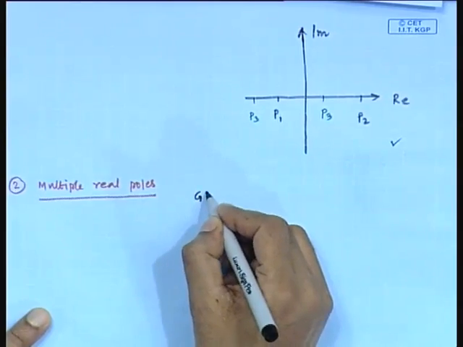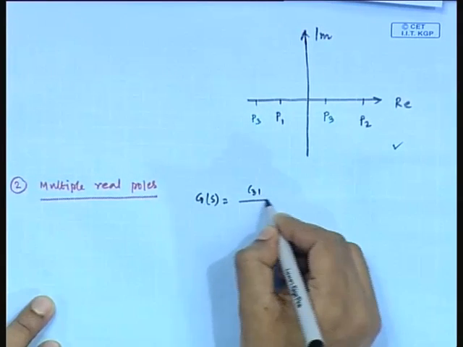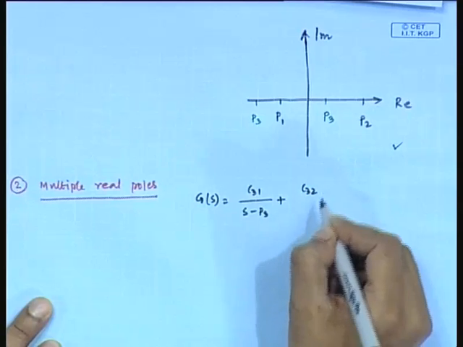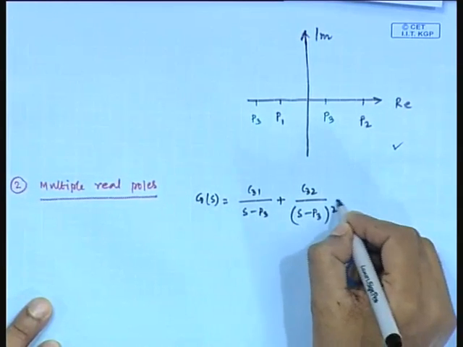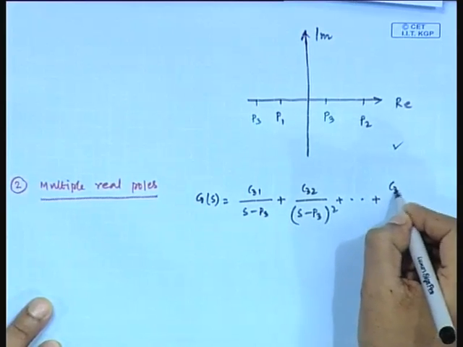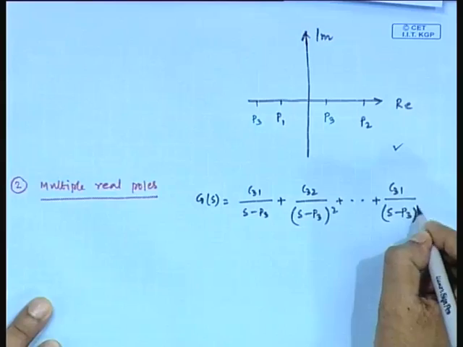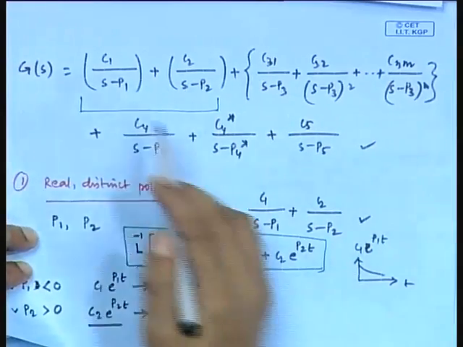For this multiple real pole system we will consider the transfer function represented by C31/(s - P3), C32/(s - P3)^2, like this. The last term is C3m/(s - P3)^m.